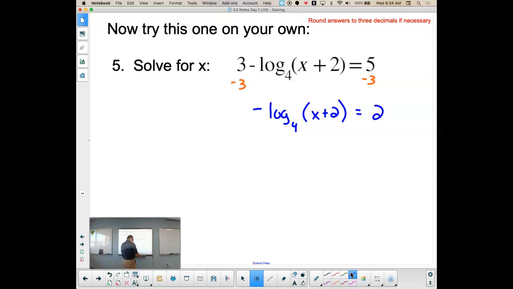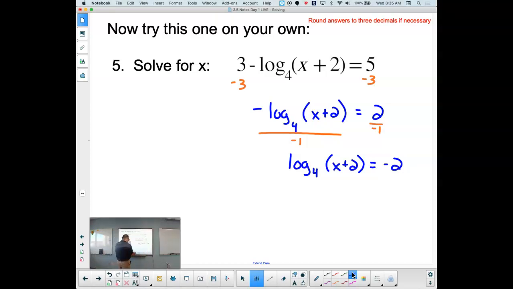Then I would divide by negative 1 or multiply by negative 1. Either way, that's going to give me log base 4 of x plus 2, and that's going to equal negative 2.